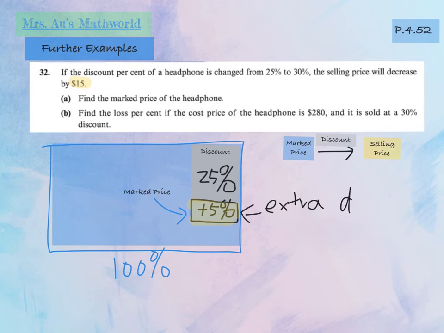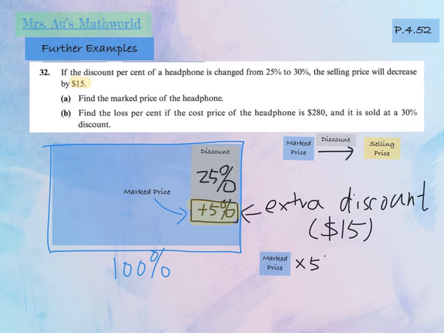Extra discount means 5%, and also this extra discount means $15. So as a result, for part A, it means market price times extra discount percentage means $15.